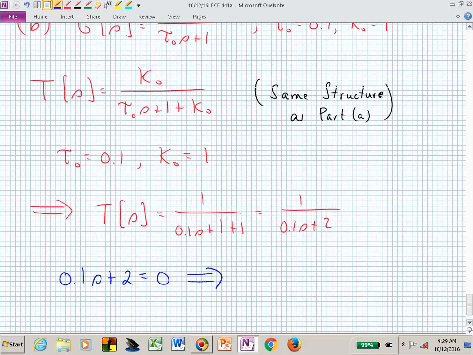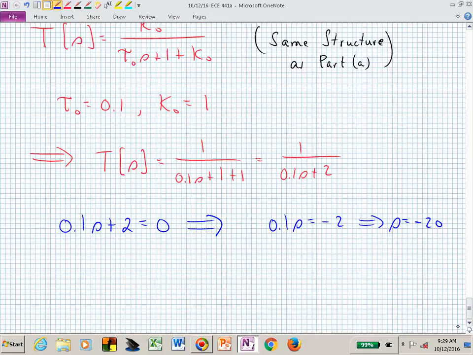This is now 0.1s is equal to minus 2, or s is equal to minus 20. And now what's sigma? 20. Settling time is 4 tau, but tau and sigma are reciprocals.